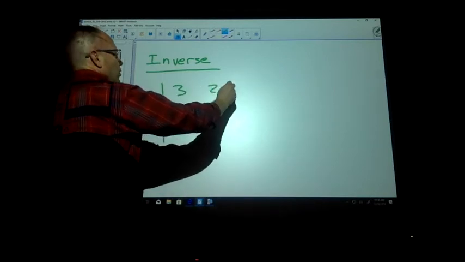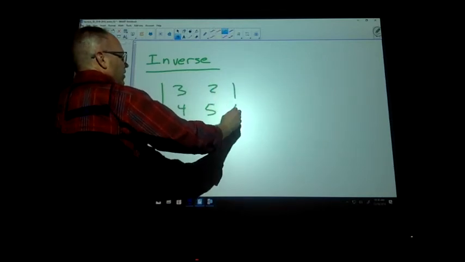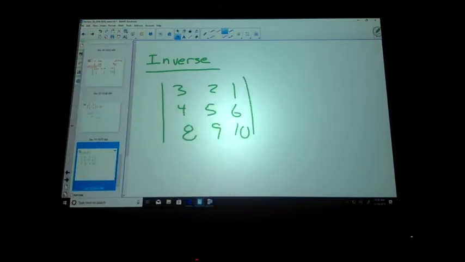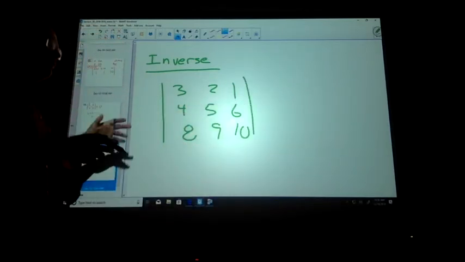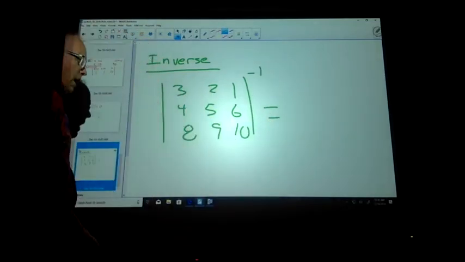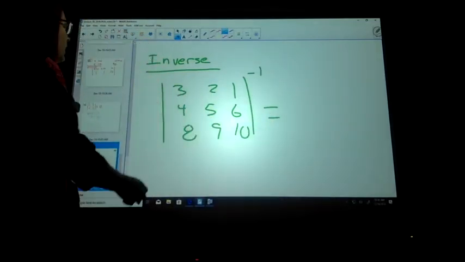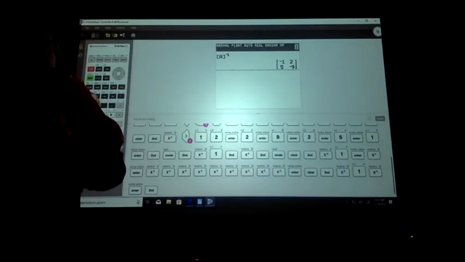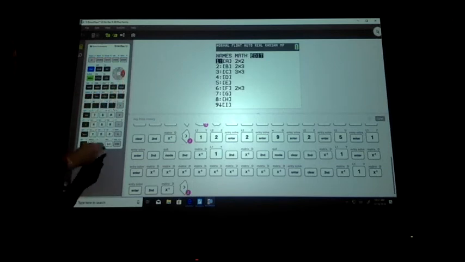The matrix is 3, 2, 1, 4, 5, 6, 8, 9, 10, 11, 12. So all I'm going to do is plug this into the calculator and put it to the -1 button. So second, matrix, edit, enter.